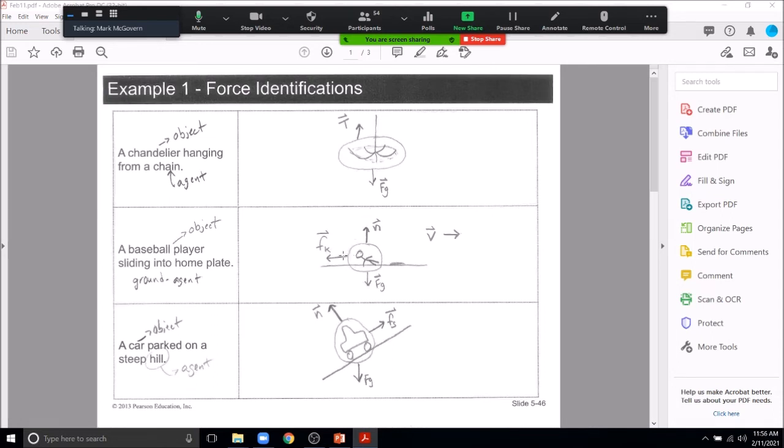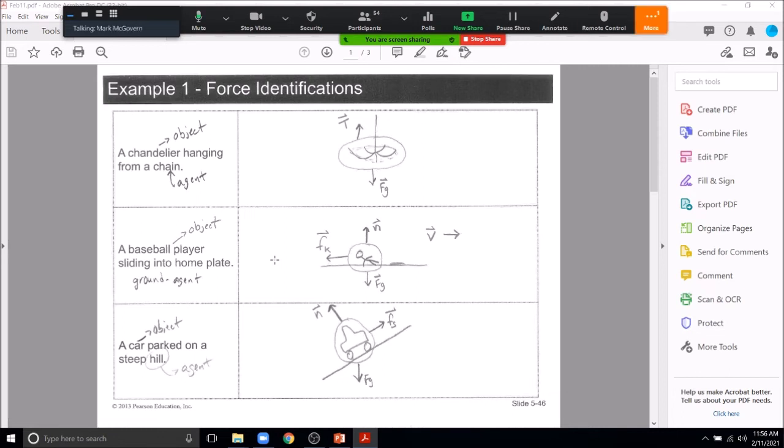Now this is interesting because the agent, the ground, exerted two forces on the person. Normal force upward, kinetic friction back. Now that's okay, and generally speaking, this is 99.9% of the time true: an agent can only exert a single force in a given direction.